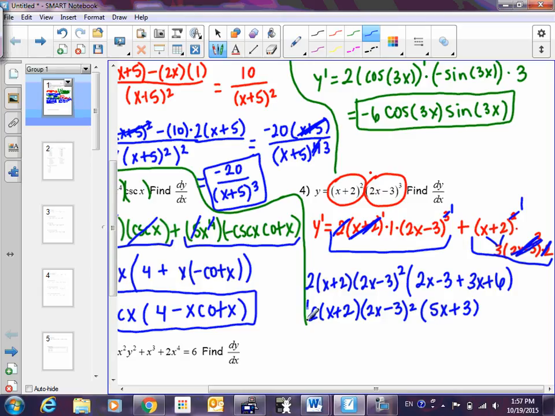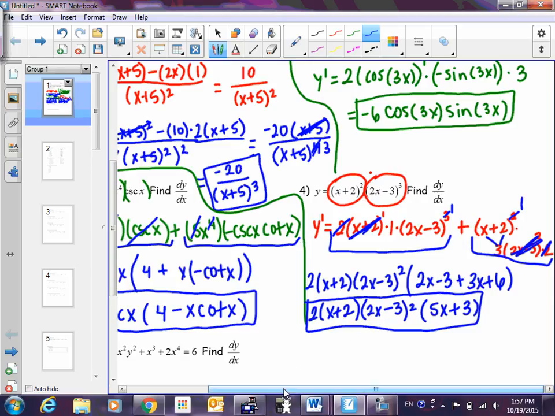So this right here is how your answer would be written. And if we use, like, we haven't really been using the derivatives very much, but if I needed to use this derivative, the factored form is the most convenient form to be working with. So that's another reason why sometimes we need to simplify, even if it doesn't exactly tell us to do so.